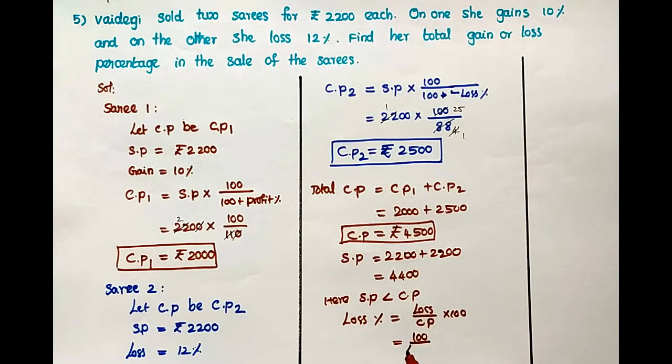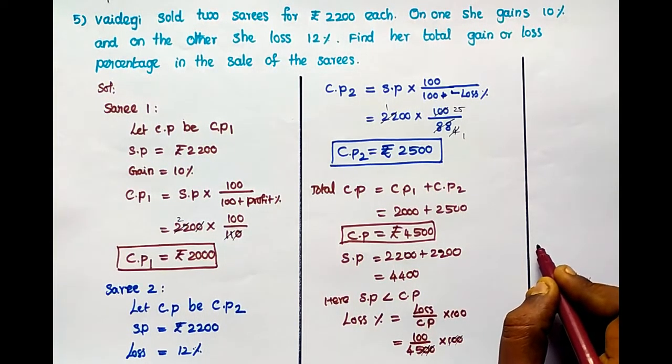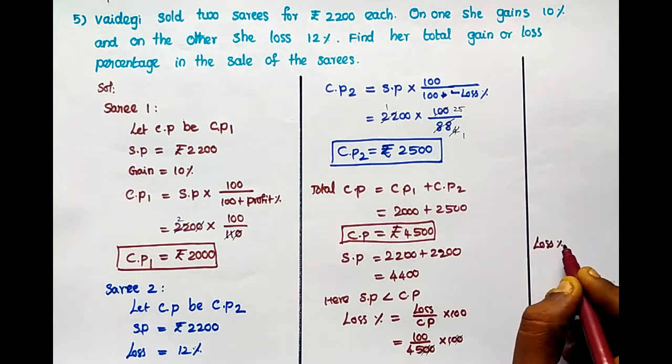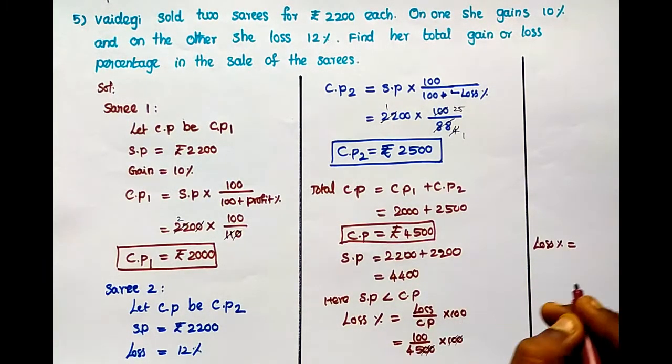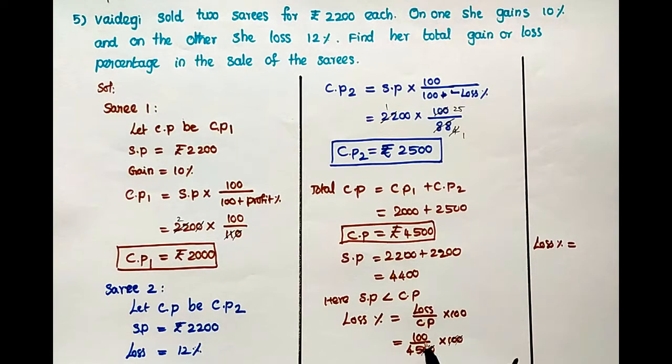100 by cost price 4500 into 100. Now cancel these numbers. Loss percentage equal to 100 by 45. Again cancel these numbers, 25s are 100, 9 5s are 45.